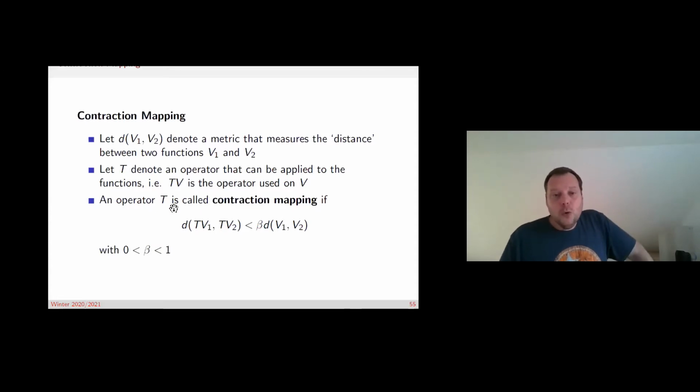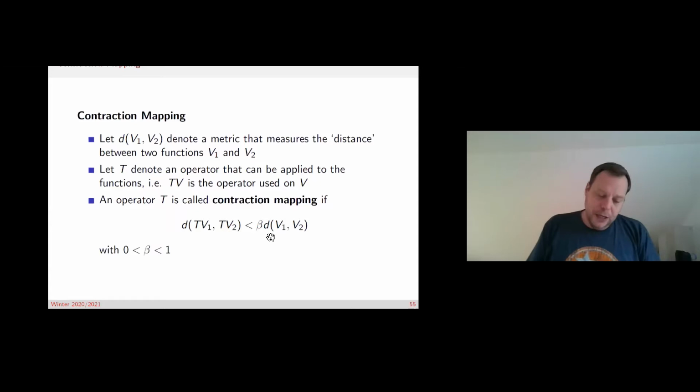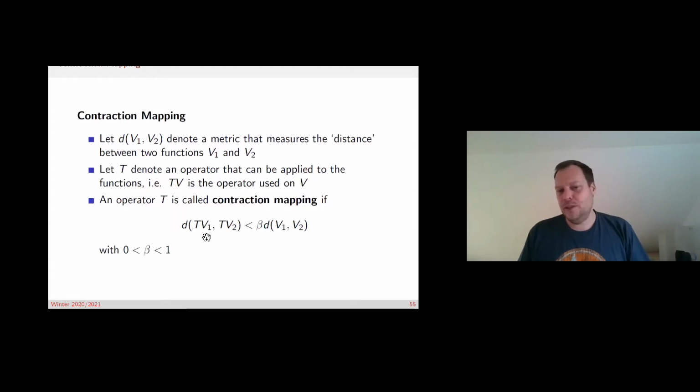So suppose we have an operator which is called a contraction mapping in a very specific situation, namely in the situation where it is applied to some functions. In this case, these are two distinct functions, right?